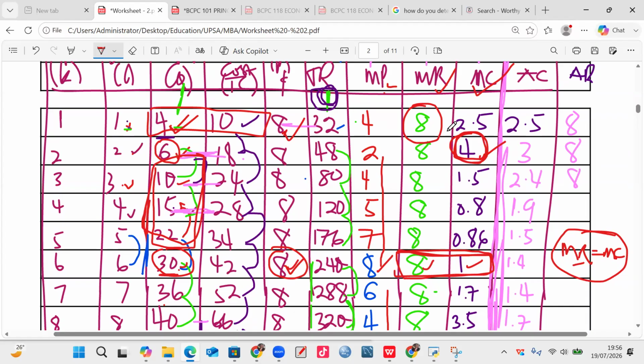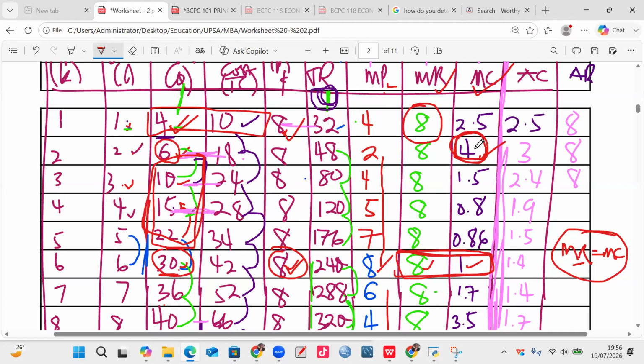So we are looking at the marginal cost in the sense that the marginal cost is for any additional unit they add, how much was the cost? When they were producing only 4, it was 2.5. That was the original marginal cost. When they increased from 4 to 6, now their cost has increased to 4.